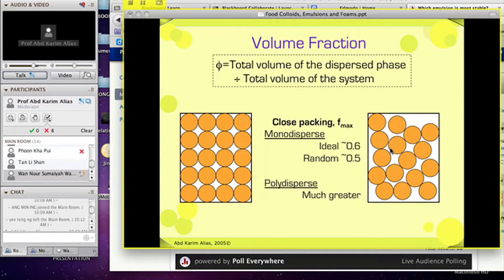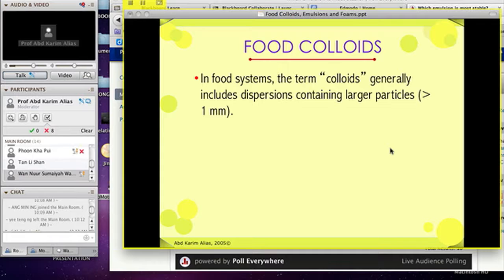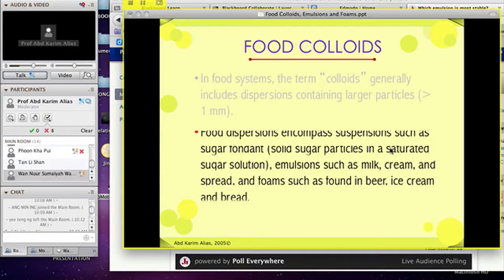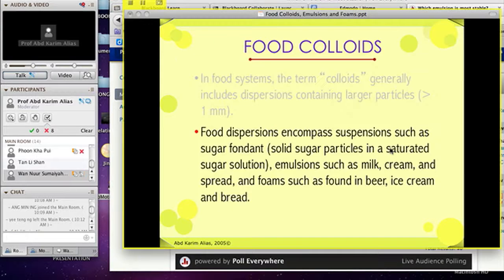So now, I have explained volume fraction in the last week's lecture, so maybe I will skip this part. Okay, now I would like to start with talking about this one, which I have also actually covered. But the interesting thing about food colloid systems is that when we talk about food emulsions or food colloids, they are a very complex system.